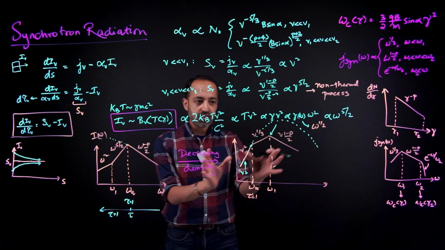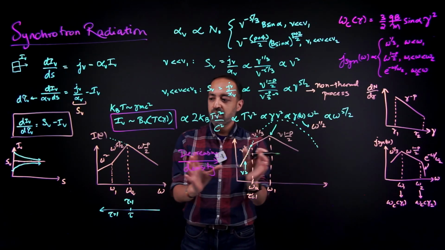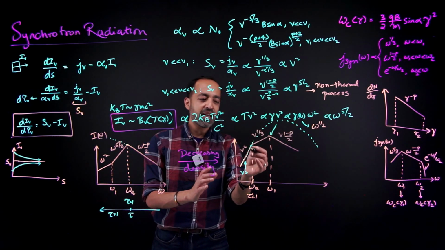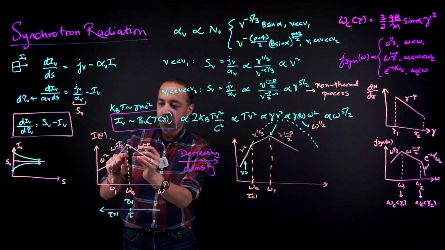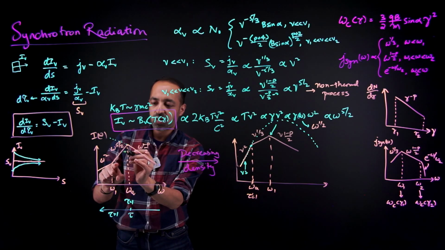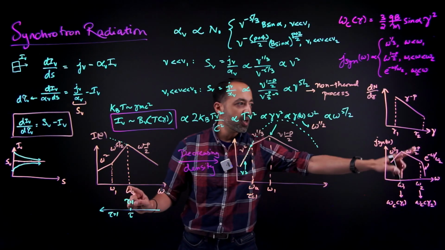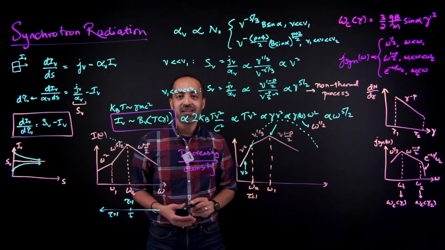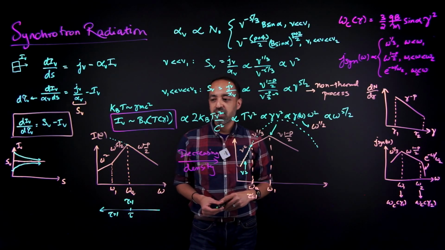In this case, you can use the same argument. And in this case, what is happening is that you have a series of these blackbody curves. And now the blackbody curve is different at each frequency over here, because it corresponds to absorption by different electrons. And every electron at different Lorentz factors has its own absorption coefficient.